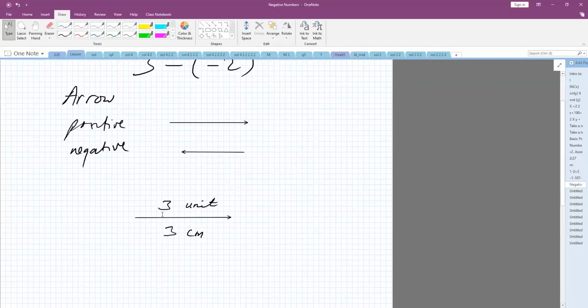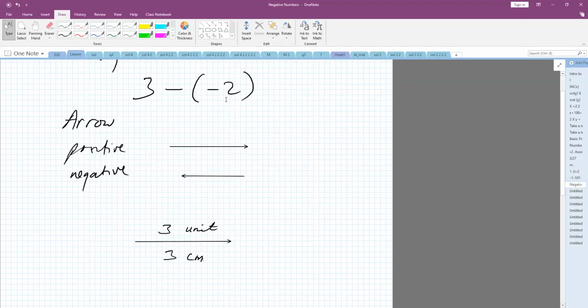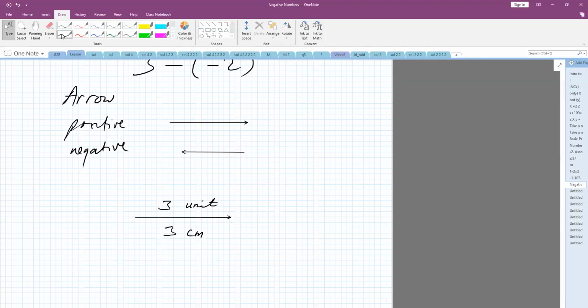So this is for a positive number 3. Yeah. Now, when you have a negative number, for example, in this case, minus 2, yeah. So that means you have now another arrow pointing to the left, right? Yeah.